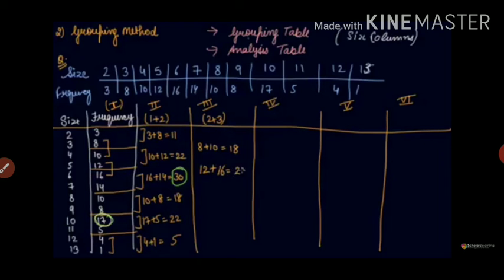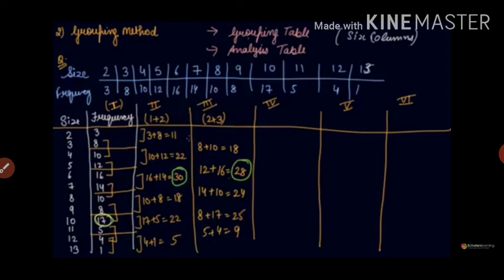Then 14 plus 10, then 8 plus 17, then 5 plus 4 is 9. We are left with the first frequency, and we don't take it because it is the single frequency left. So the highest frequency in the third column is 28. We'll mark the 28.